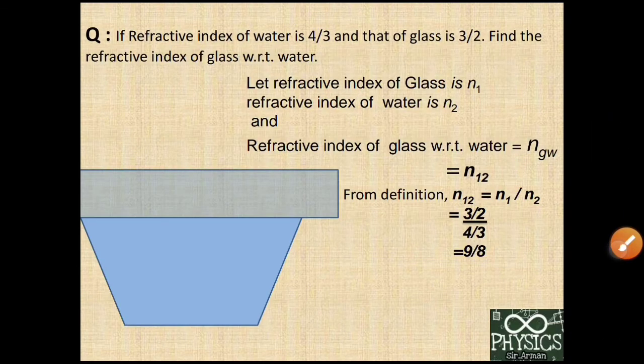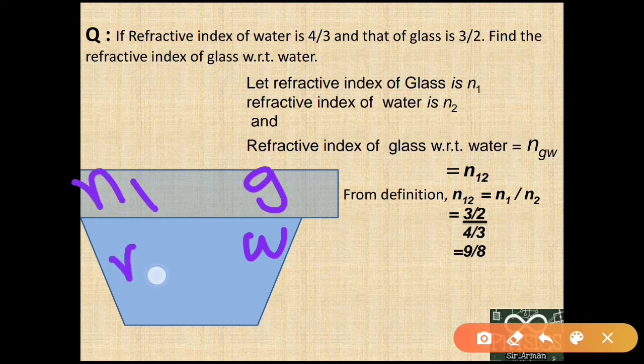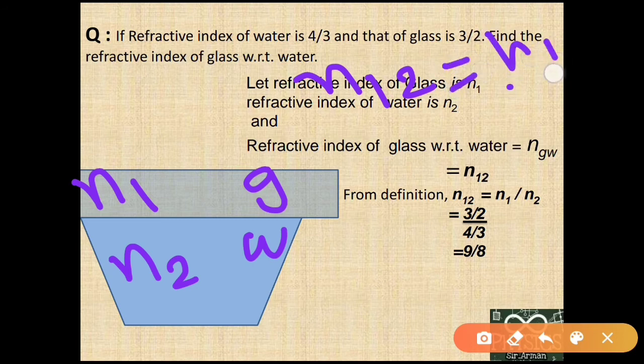Here I have considered the medium given below as water. In that case, the refractive index of glass will be eta 1 and the refractive index of water will be eta 2. So you can also solve it like that, and you will get the refractive index of glass with respect to water. Here we are finding the refractive index of glass with respect to water, so we will write eta 1 by eta 2.